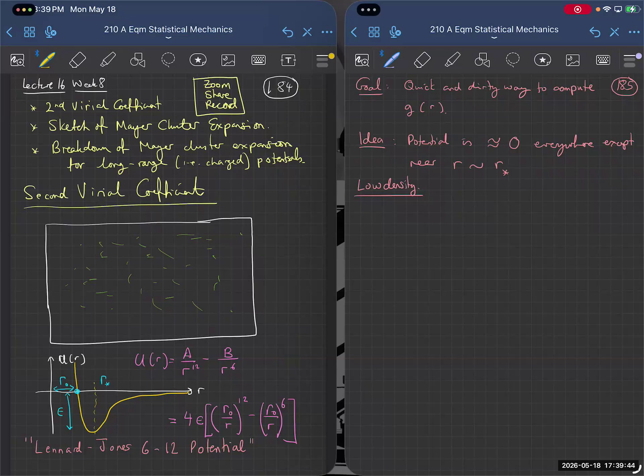So basically, if all the particles are far away from each other, then there's going to be no effect of the interactions.